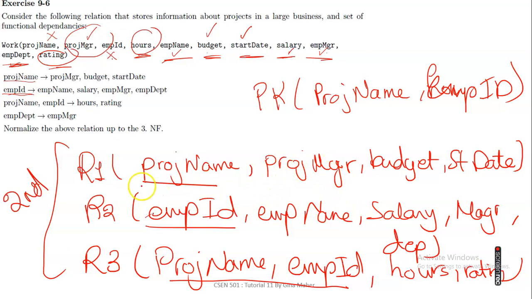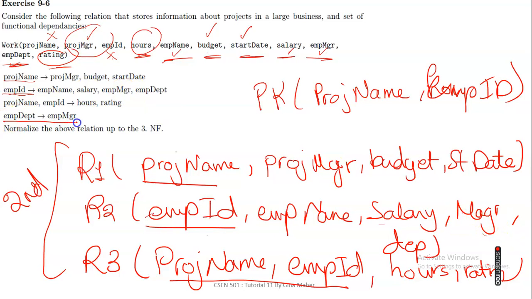Do we have any transitive dependency here, such that we have any attribute that implies another attribute? Actually, no. All these can be deduced only from the project name. Let's check here. Do we have any dependencies except that employee ID implies all? Actually, yes.